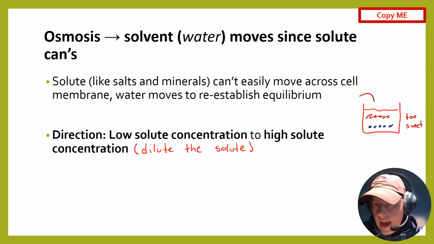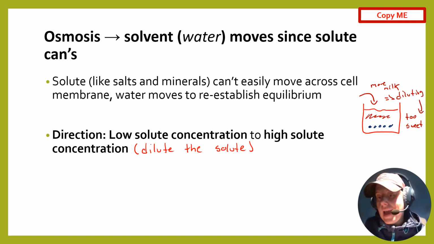If you're adding more milk, what you're doing is basically diluting your solute. You're adding more liquid to spread out the concentration, which therefore brings your concentration down. That's what's happening in osmosis. The solute particle can't go through the cell membrane, so something has to go in to bring that concentration down, to spread it out more. And what goes in is the solvent.